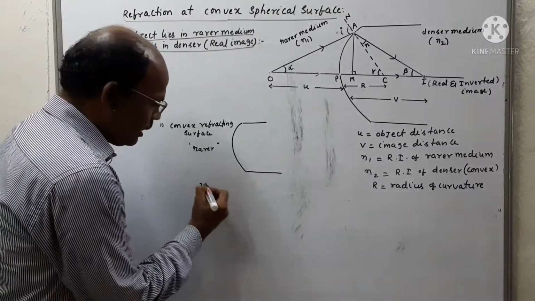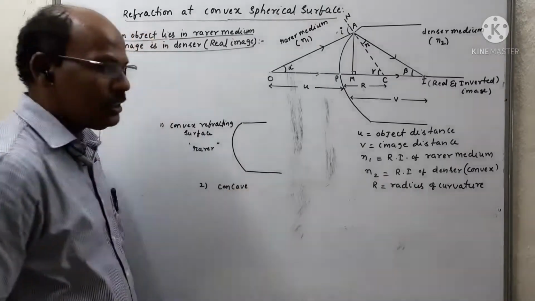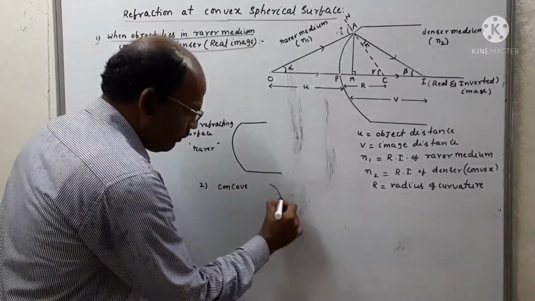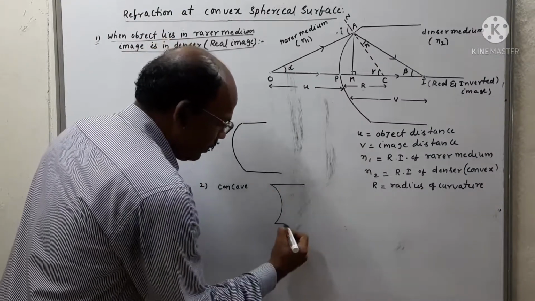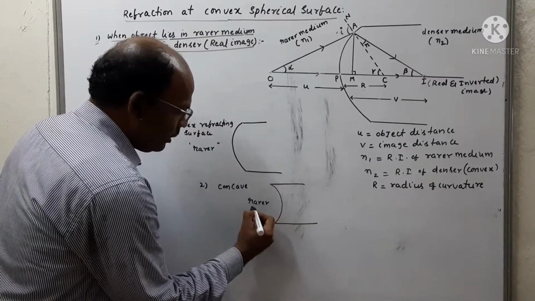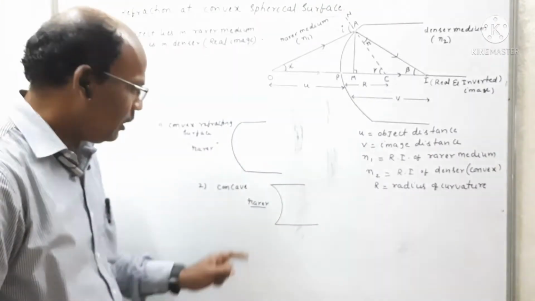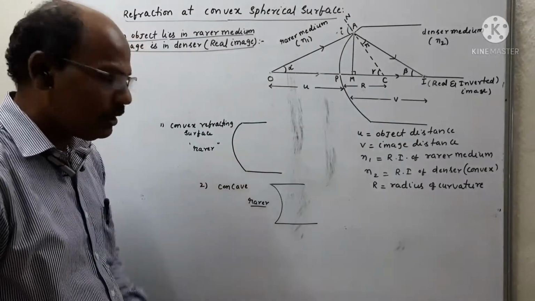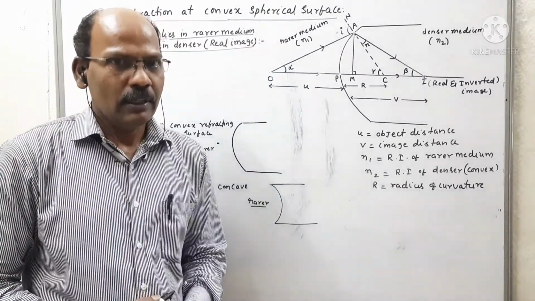And coming to the second one, the second one is the concave refracting surface. If the concave surface is facing towards the rarer medium, then it is called a concave refracting surface. So this is the convex refracting surface, and this is the concave refracting surface.